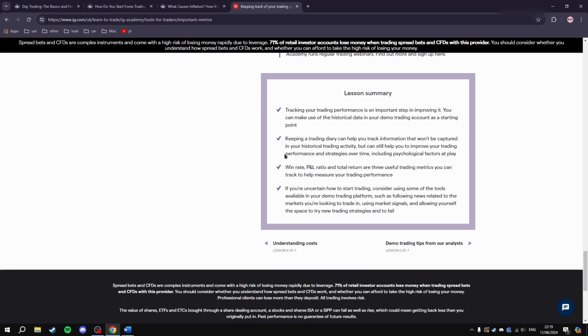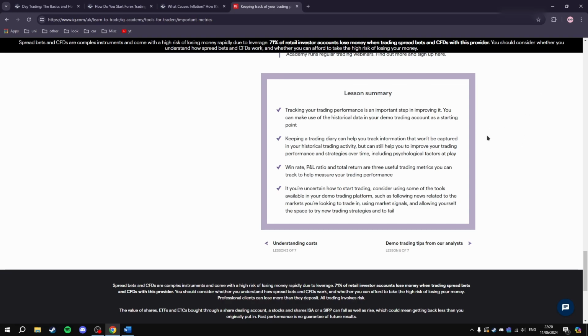Cool. Lesson summary. Tracking your trading performance is an important step in improving. You can make use of the historical data in your demo trading account as a starting point. Keeping a trading diary can help you track information that won't be captured in your historical trading activity, but can still help you to improve your trading performance and strategies over time, including psychological factors at play.